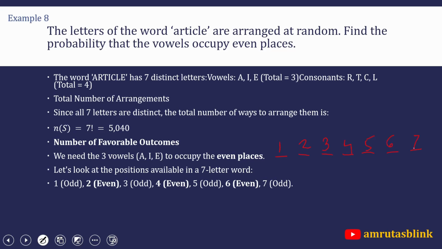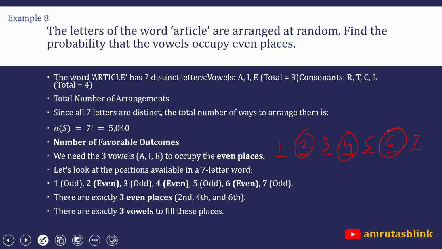Now how many even positions are available? That is the second position, 4th position and 6th position. These 3 even positions are available. And how many vowels are there? There are only 3 vowels. So exactly 3 even places are there, which should be occupied by 3 vowels.